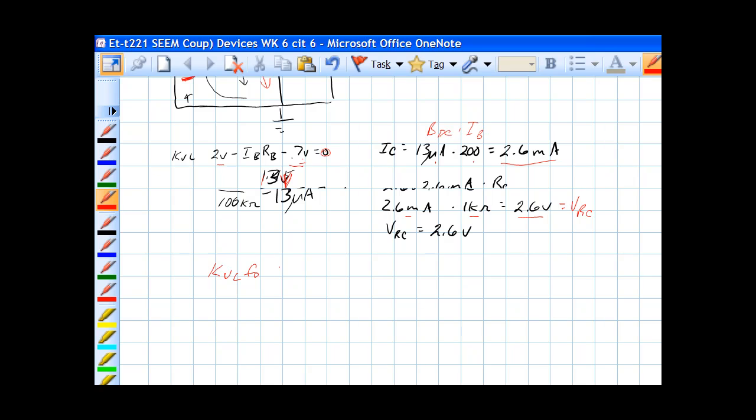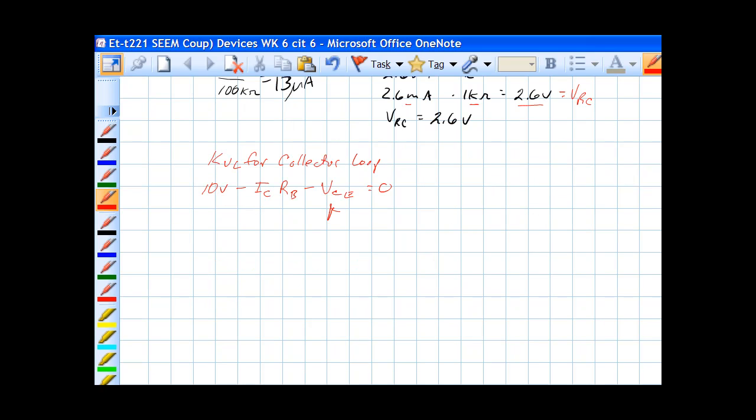KVL for the collector loop. Let's see, we started out with 10 volts minus IC RC minus, how about voltage collector to emitter, is equal to 0. Let's find out what this is. Voltage collector to emitter.